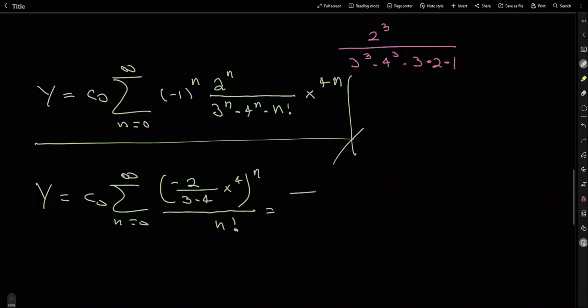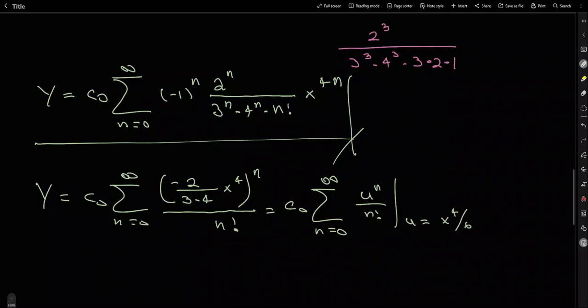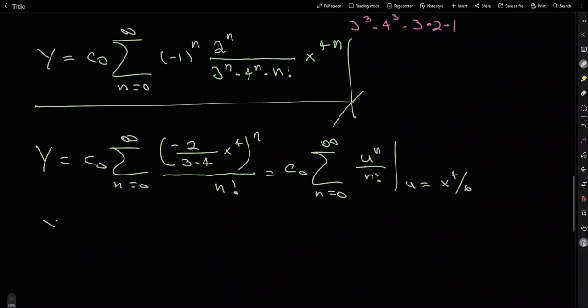So that'll be c sub 0 sigma n equals 0 to infinity of u to the n over n factorial, where u equals x to the fourth over 6, and then this is simply the exponential function.